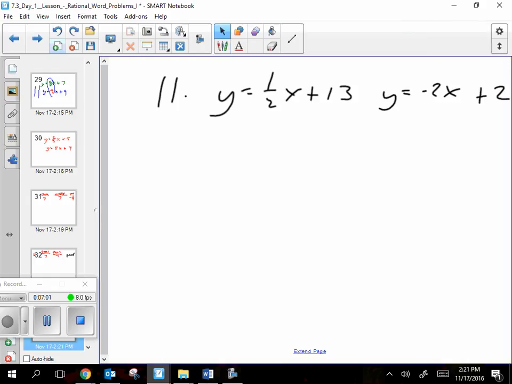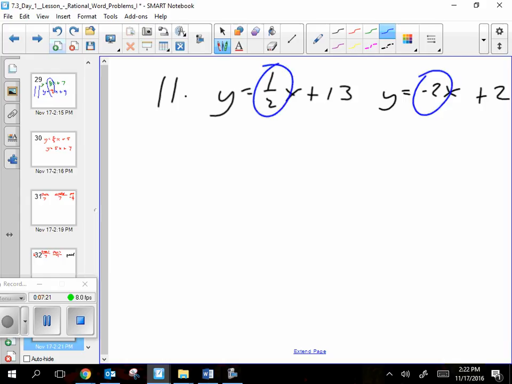In the directions, they say determine if the given pair of lines is parallel, perpendicular, or neither. Stay with me. This is like the last one I'm doing. Are these two parallel, perpendicular, or neither? Perpendicular is correct because they're negative and flipped. If you don't see the flipped part, you could put this over 1 and you might see the flipped part. That's perp. Just underneath it, you write perpendicular.